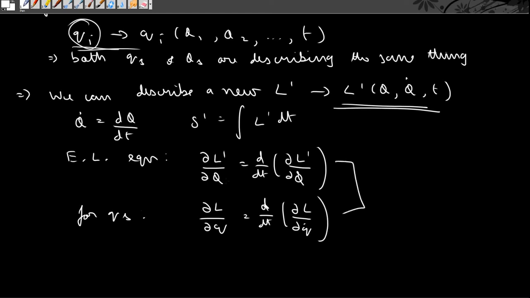If you compare these two, only when the transformation is such that they are invertible and all the new coordinates are independent, we can describe the system equally well, and therefore the resulting equations of motion should also be the same. But the new equations may be in the form of the other new coordinates, okay, but the path which both of the equations trace is going to be the same.